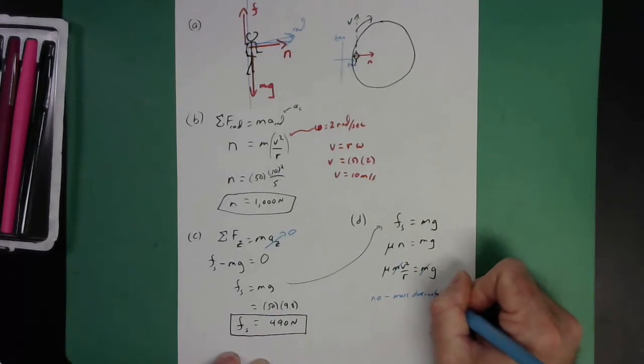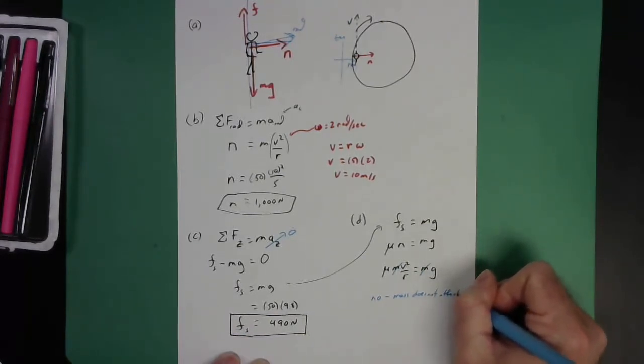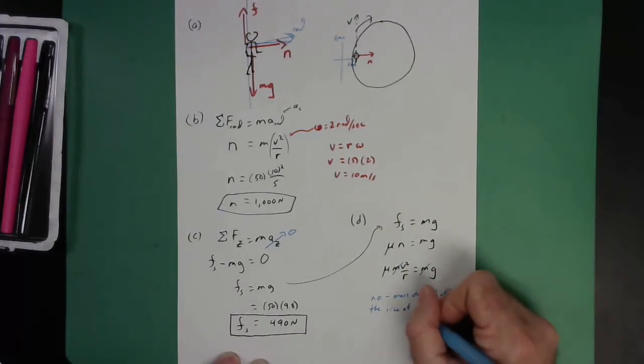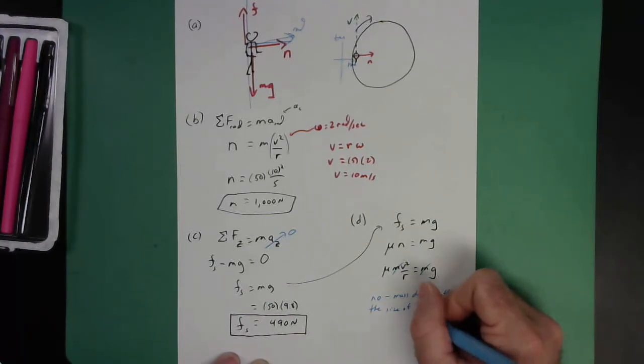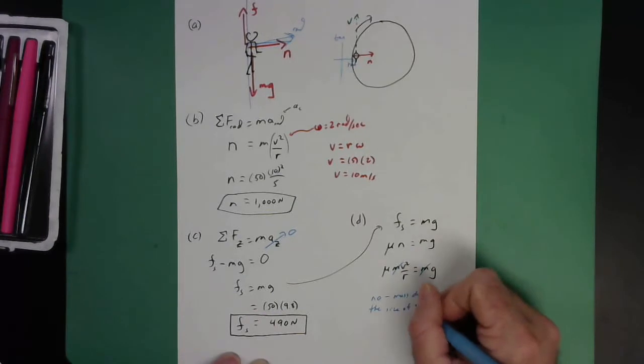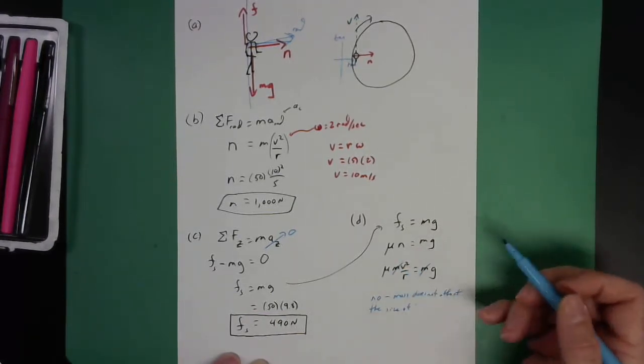Mass does not affect the size of... essentially, if I had twice the mass, I would have twice the normal force, so I would have twice the friction force holding me up.